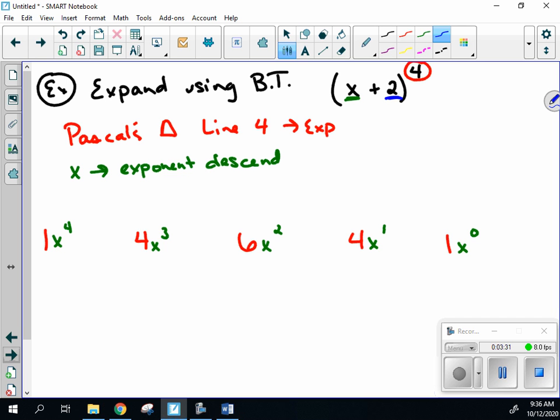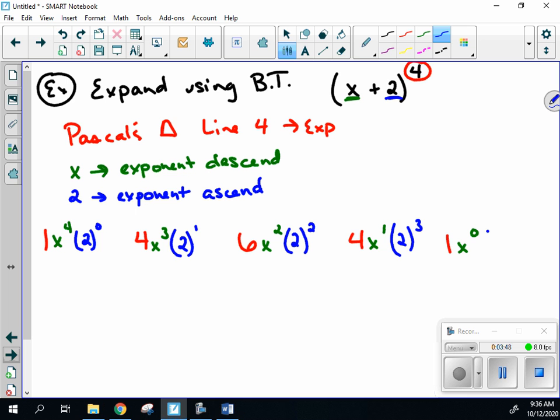And the last one, the exponent will ascend. So I have 2 to the 0, 2 to the 1st, 2 squared, 2 cubed, 2 to the 4th.